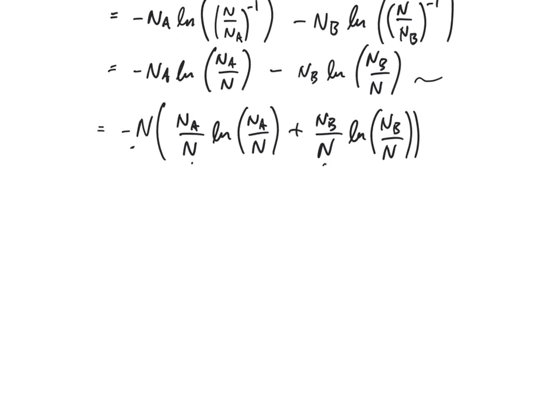Okay, the next step involves recognizing that the mole fraction of A is equal to the number of molecules of A over the total number of molecules, and the mole fraction of B equals NB divided by the total number of molecules. That's the definition of the mole fraction. So we're going to put the x's in wherever we can.